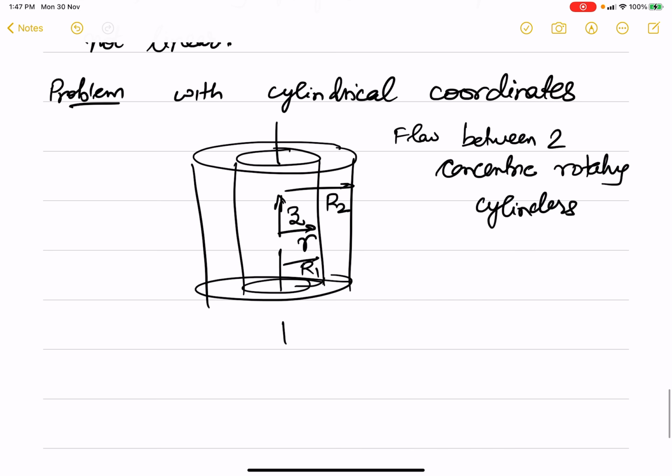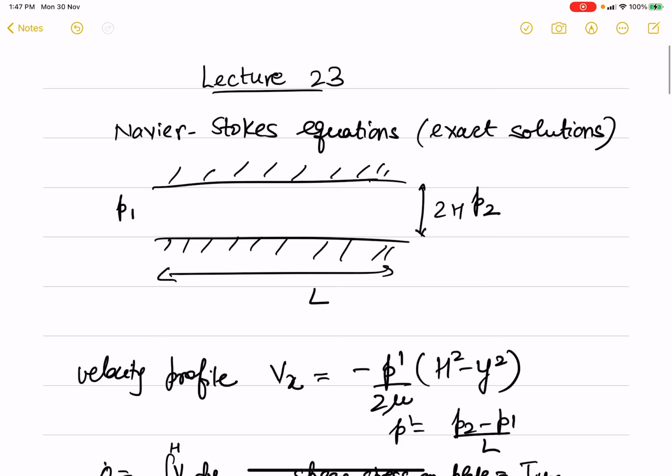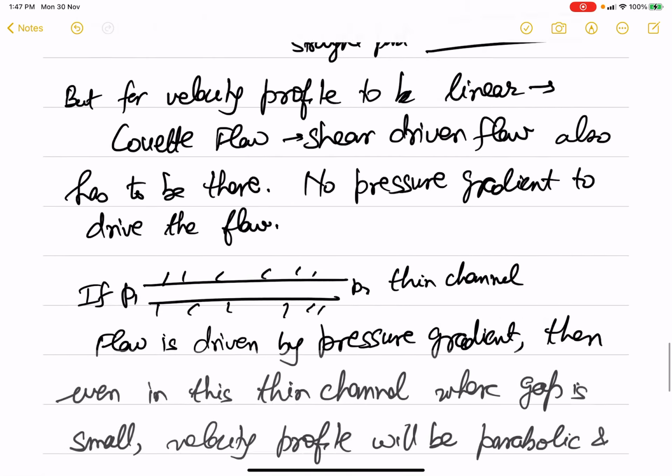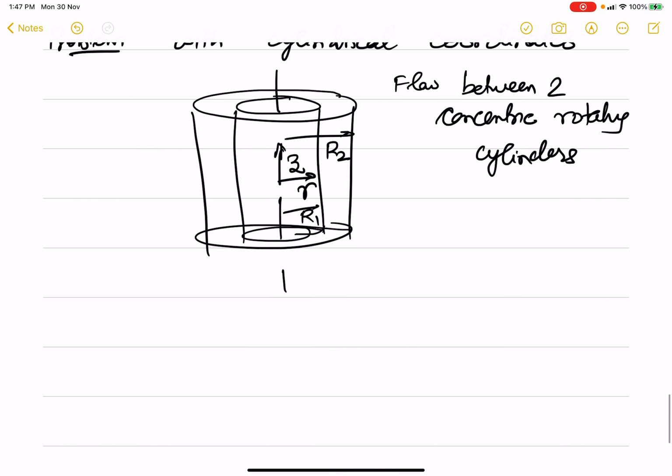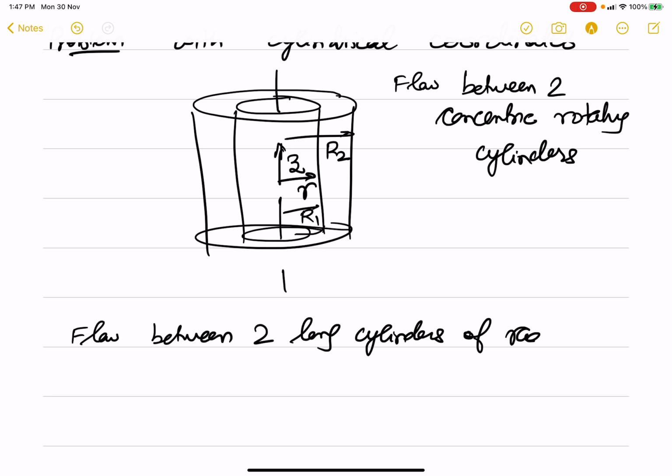So let's now specify the problem. We are talking of flow between two long cylinders of radii R1 and R2 respectively.